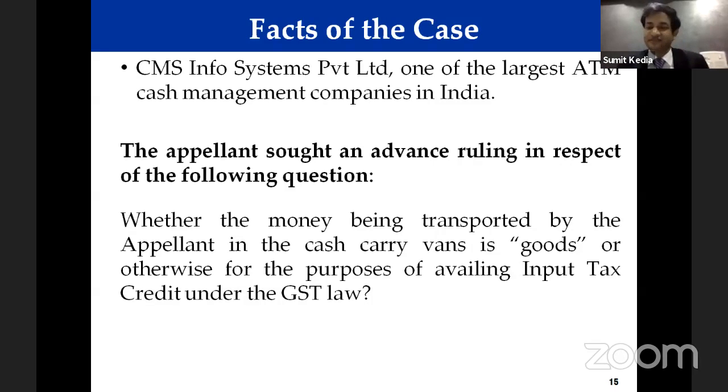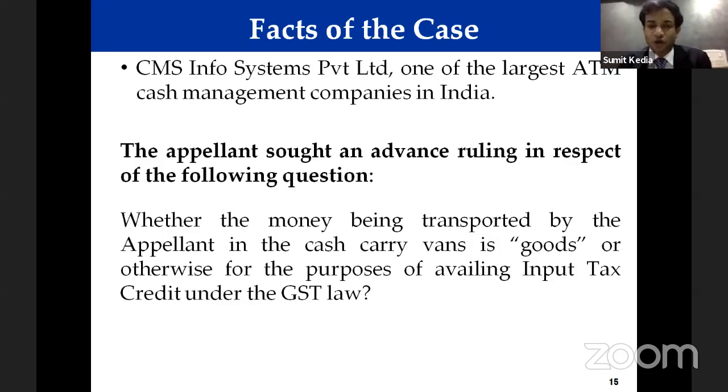The various ATMs, they will load the cash, so they will transport cash. So the question raised by them was whether cash will be treated as goods, because if it is used for transportation of goods, credit is allowed. So the question raised in the ruling was, since they use the vehicle for transportation of cash, will credit be allowed on the presumption that cash is goods in that case?